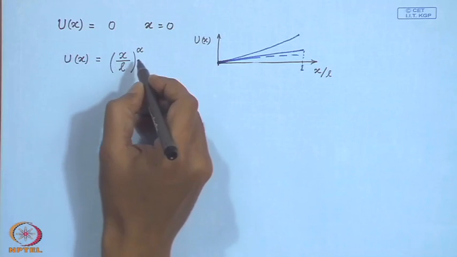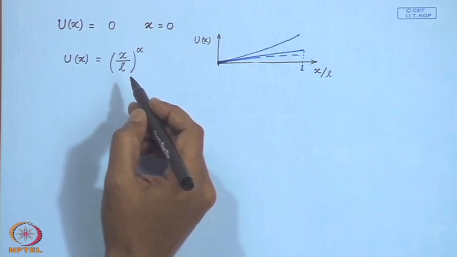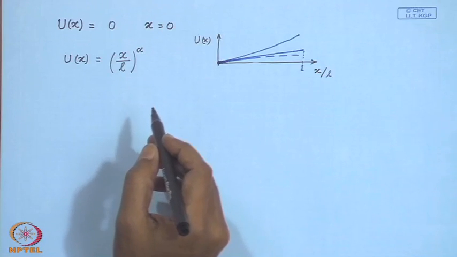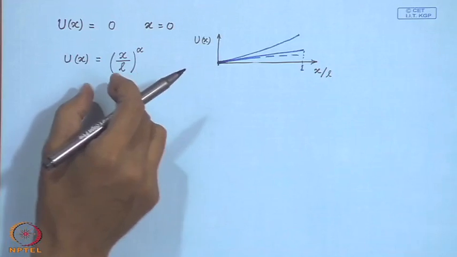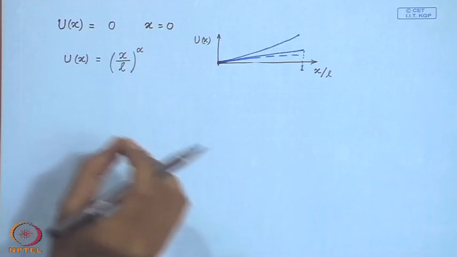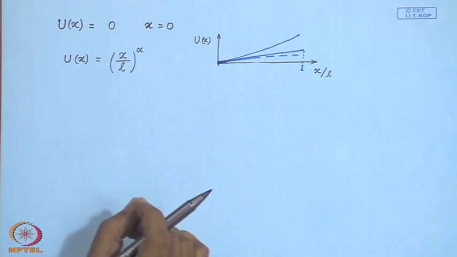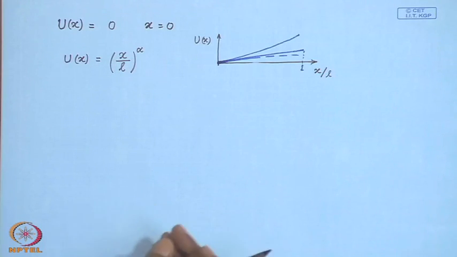Now, one thing that you can see is that we now have not one function, but a class of functions, and we can adjust alpha and see which function minimizes the Rayleigh quotient. So, this alpha provides us with a handle to solve a minimization problem as we have formulated it.